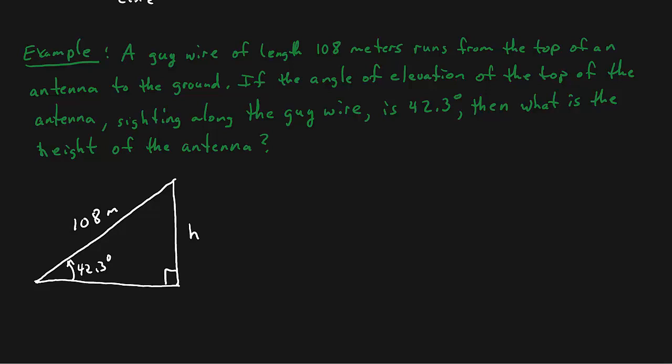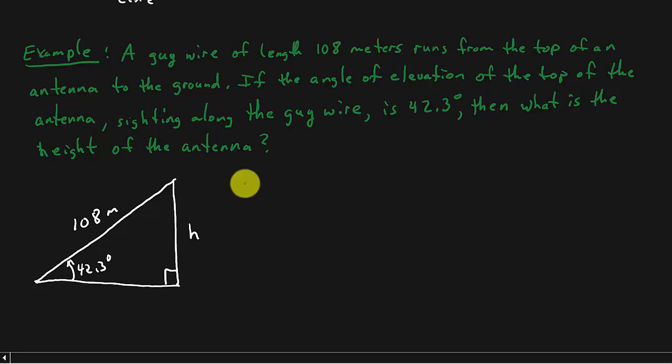So let's see what we've got. We've got the angle. The side we're looking for is opposite that angle, and we know the hypotenuse. So opposite and hypotenuse, that is what? Sine of 42.3 degrees is opposite over hypotenuse.